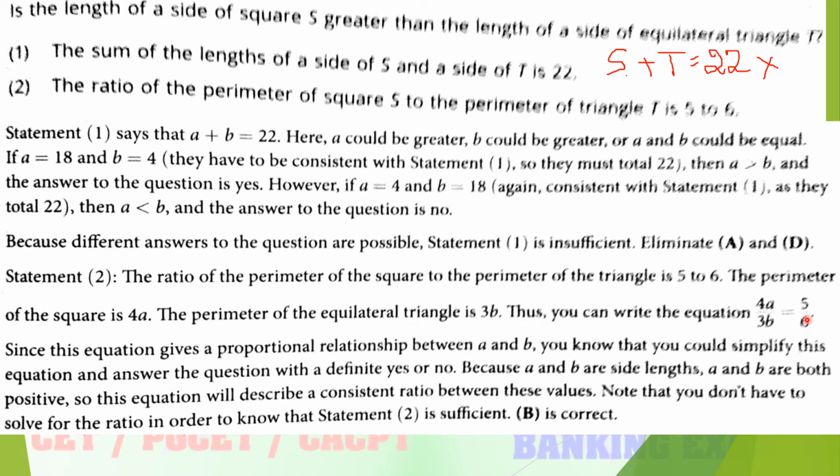So from that relation you can determine the value of S as well as T. So you can answer the question whether S is greater or less than the triangle side T.